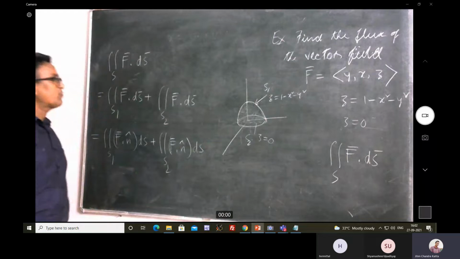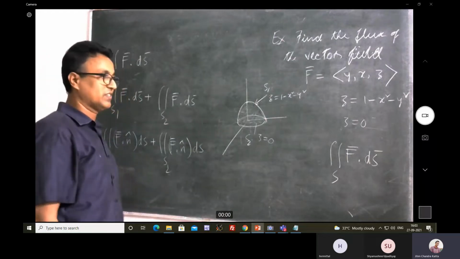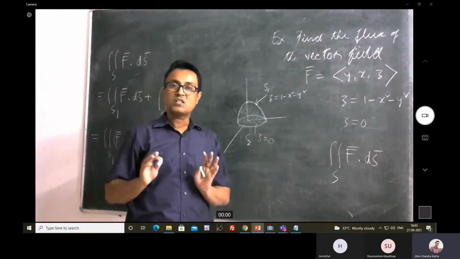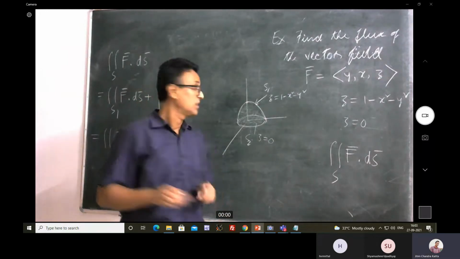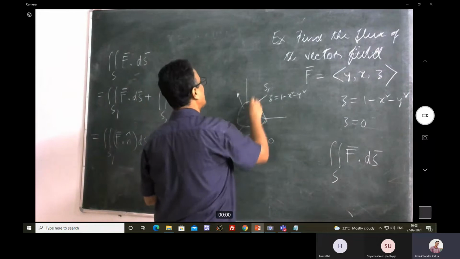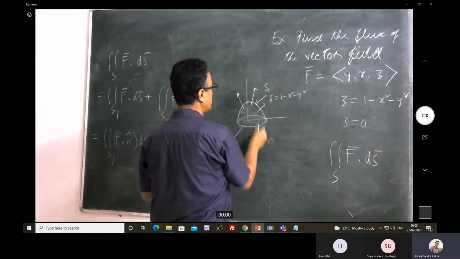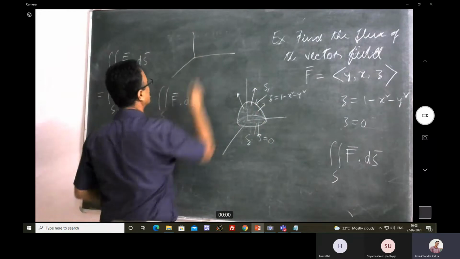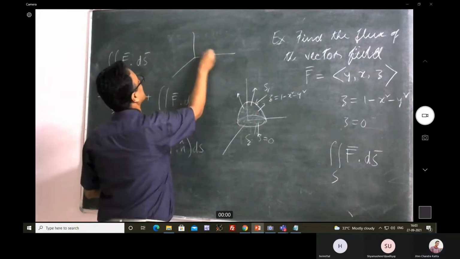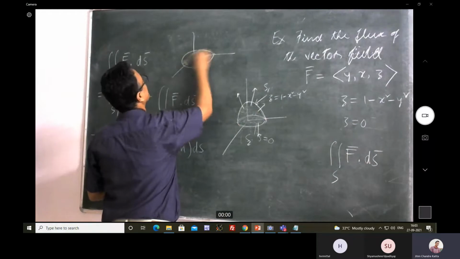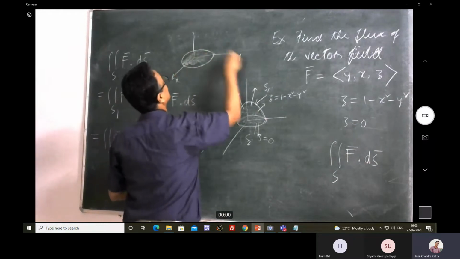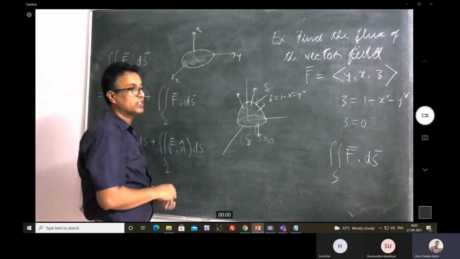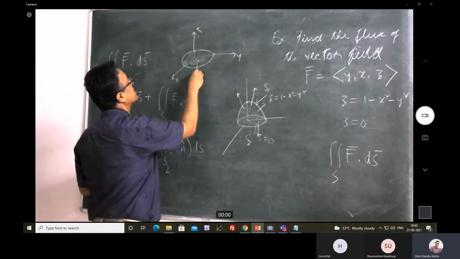Now firstly, let me concentrate on S2 because that is much easier to evaluate. Over both these surfaces, you have to consider the unit outward normal. Now your S2 is this disk, isn't it? Fine. This disk, and an outward unit normal is going to be along this direction, isn't it?